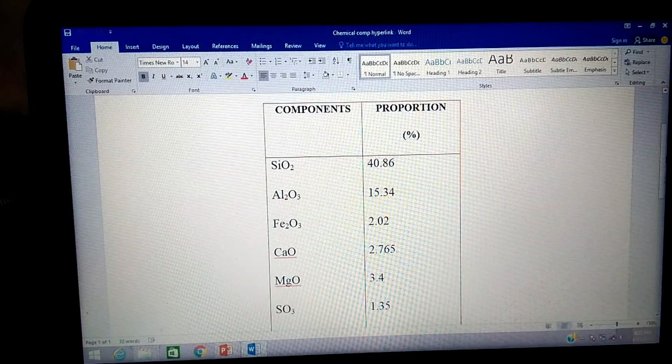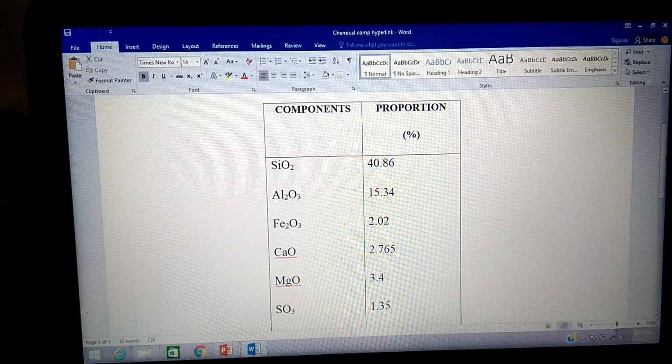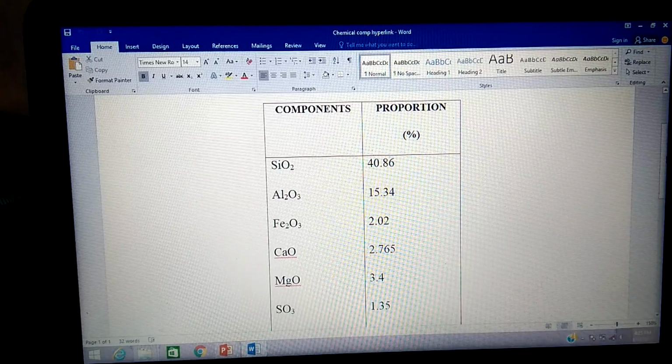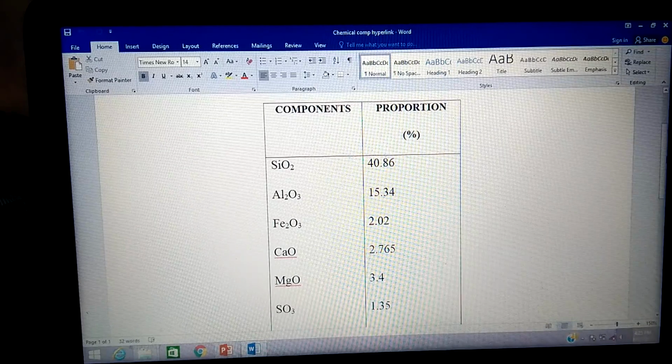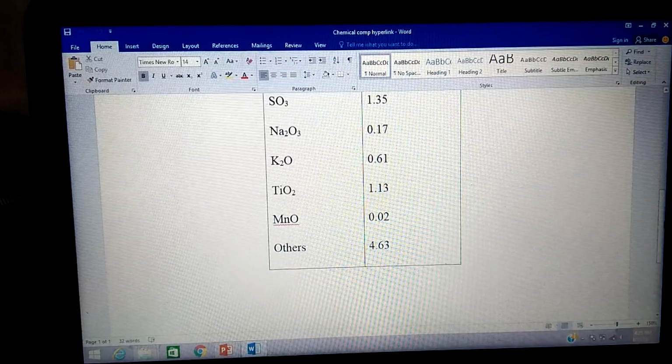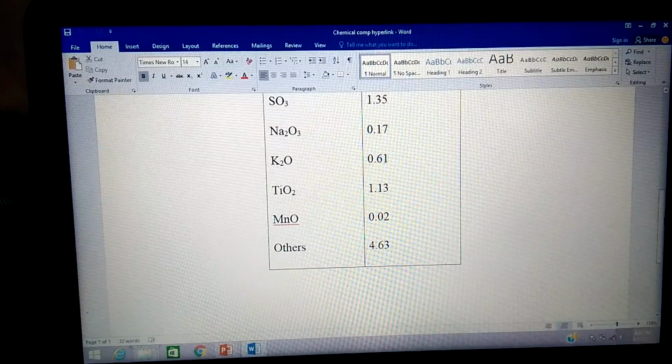When compared to ordinary cement, where lime and silica are in much quantity, in our geopolymer cement, silica and alumina are in higher quantity. By reducing the lime content, we are able to reduce the emission of CO2 up to 80%. This is our chemical composition.